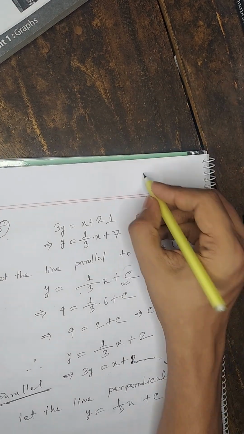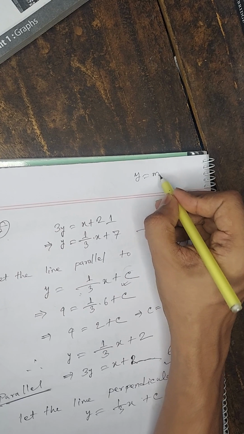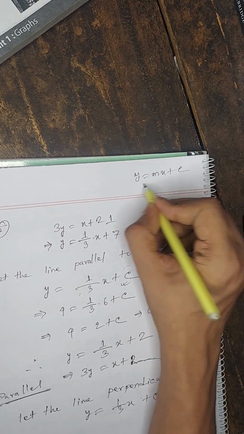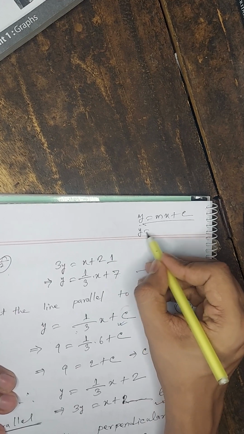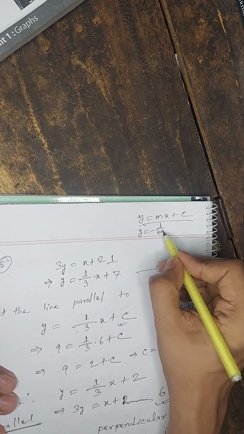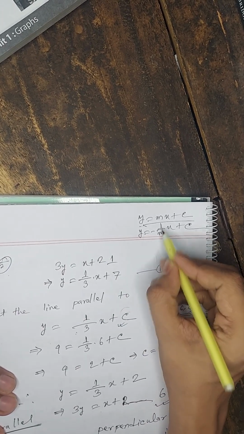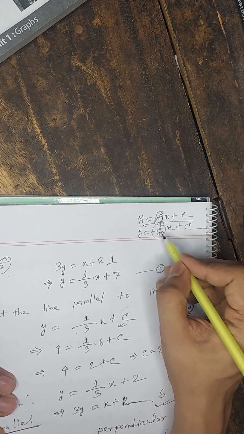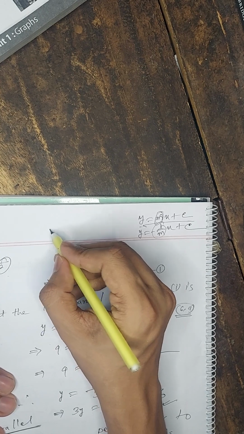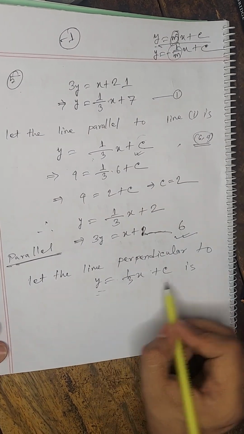We know that the general form of the equation of a line is y equal to mx plus c. So for a line perpendicular to this line, the gradient is minus 1 by m, because if we multiply the gradients of these two lines, we get minus 1.